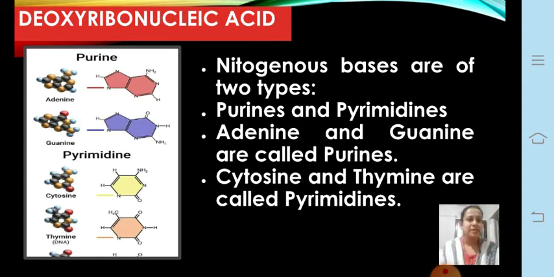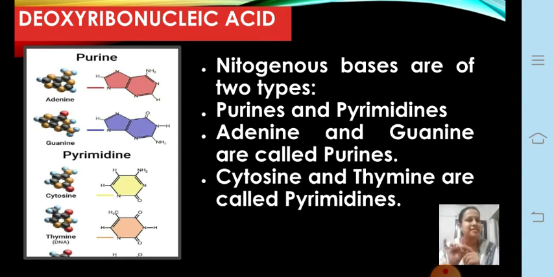So again I'll repeat. A nucleotide consists of three parts: one is nitrogenous base, second is phosphate group, and third is pentose sugar. Again, these nitrogenous bases are of two types, purines and pyrimidines. Purines are again two types, adenine and guanine.